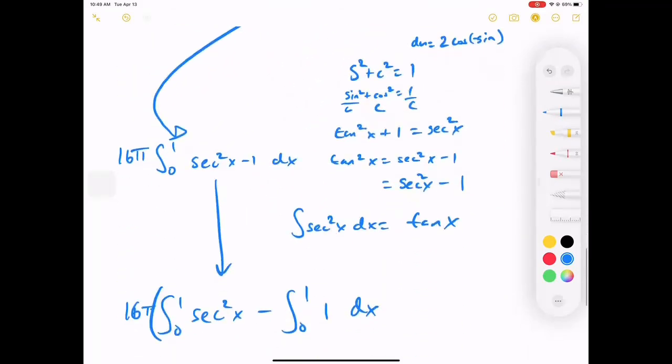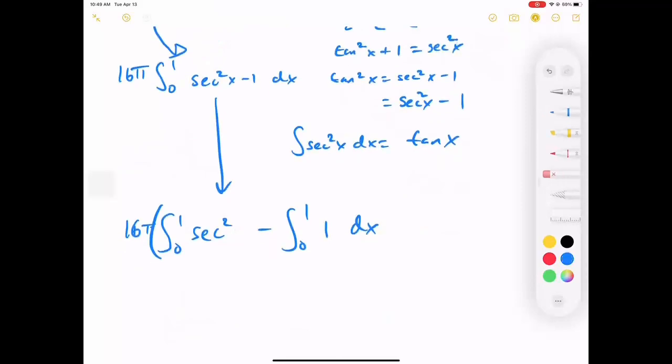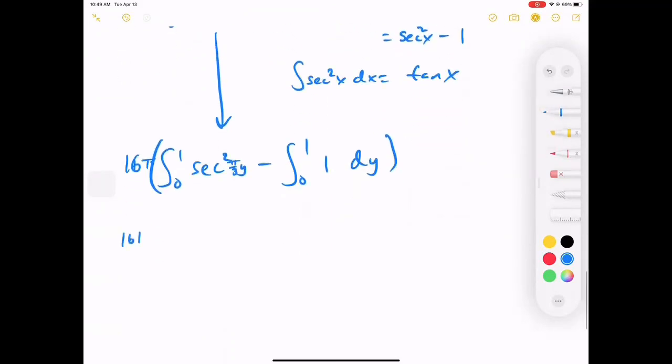Pi over 3y. Darn it. Then we're left with 16 pi times the tangent of x.